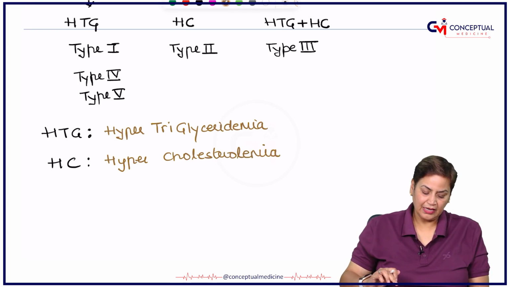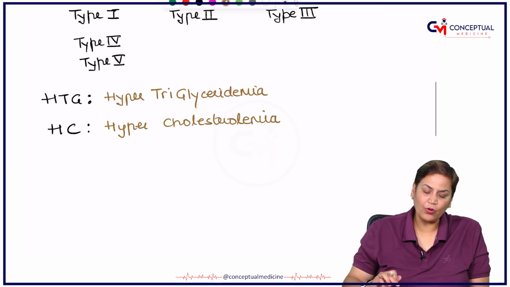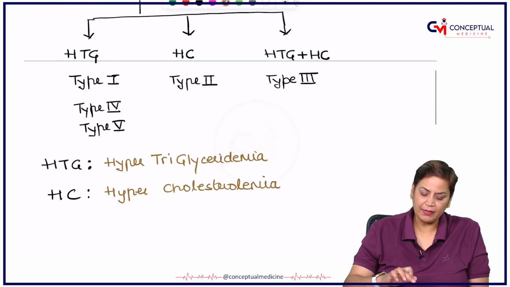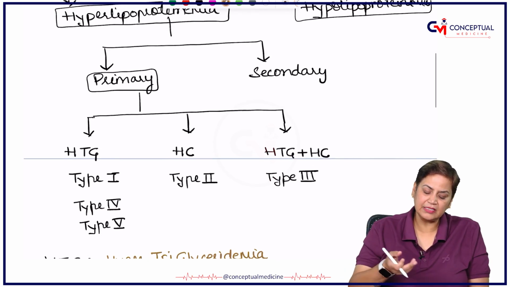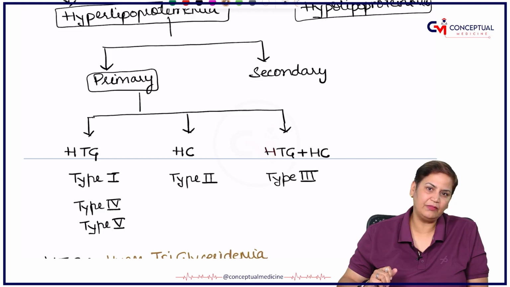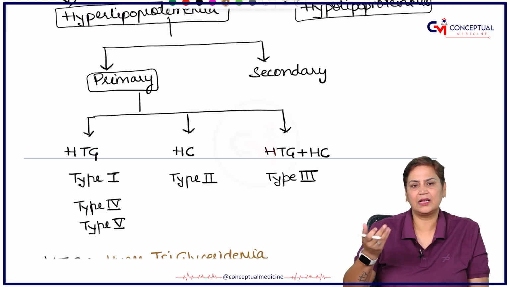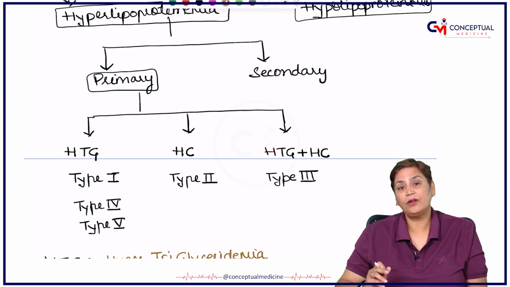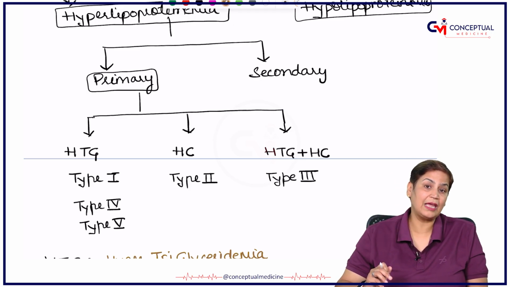Right. So let's start with type 1. What happens in this type 1 hyperlipoproteinemia? Hyper means the concentration of lipoprotein will increase. Hypo means the concentration of lipoprotein will decrease. Now what are the factors which can lead to an increased concentration of the lipoproteins?